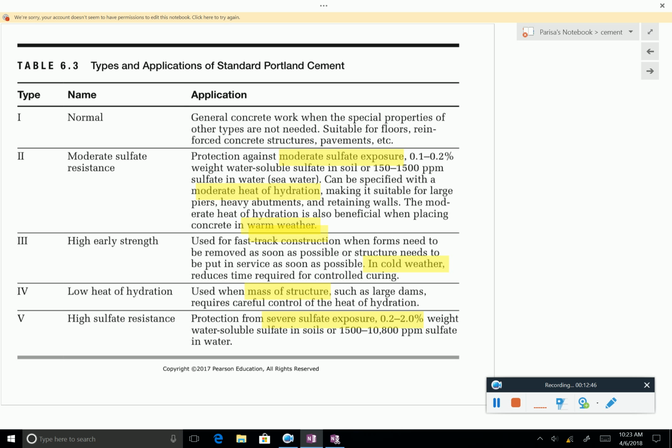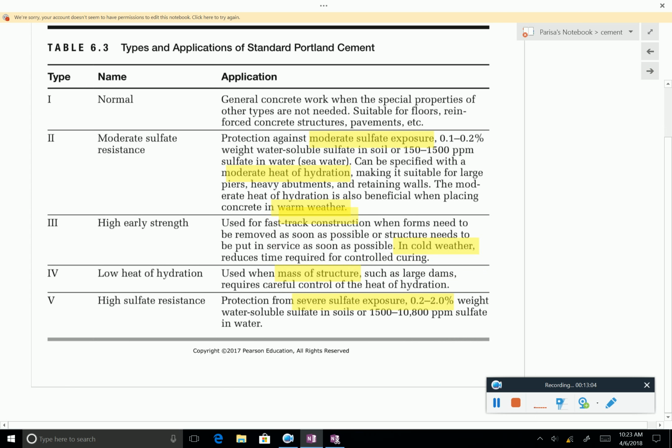I have marked the important things here, but it's worthwhile to read this table, which is from the book, from chapter 6, and you see that, for example, high early strength, you want to use it for cold weather, or low heat of hydration when you have hot weather or when the mass of a structure is very high. And types 1 and 2 are something that we normally use.